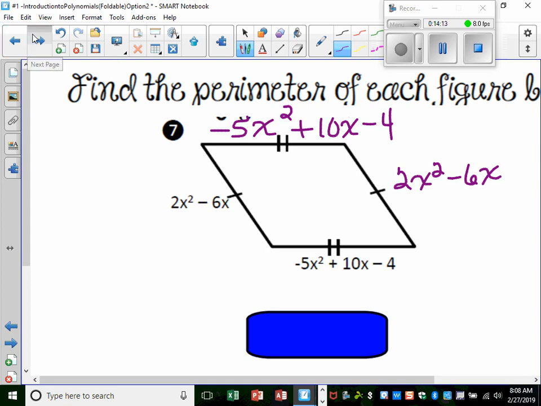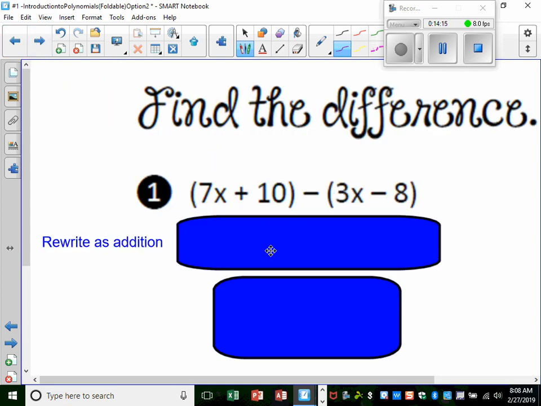Okay. All right, so let's go to subtraction. Subtraction, you have to be very careful. So what we just did was addition. So we just added, but when there's a minus sign here, it really changes the sign of everything inside of here. So basically they tell you to rewrite it as an addition problem.